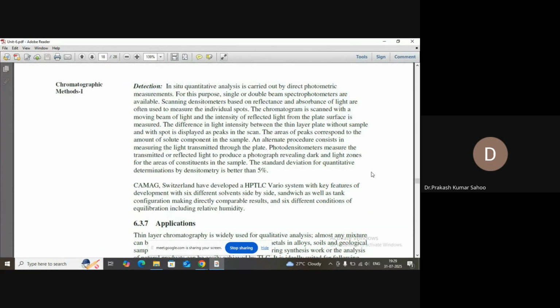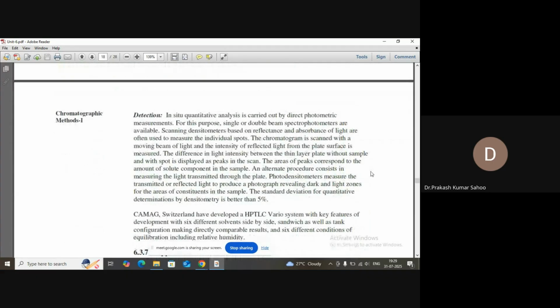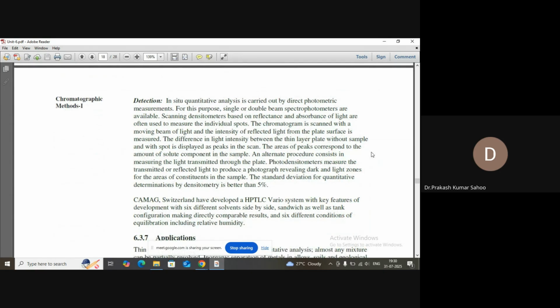Then this is the detection, and in situ quantitative analysis is carried out by direct photometric measurement. For this purpose, single or double beam spectrophotometers are available. Scanning densitometers based on reflectance and absorbance of light are often used to measure the individual spots.